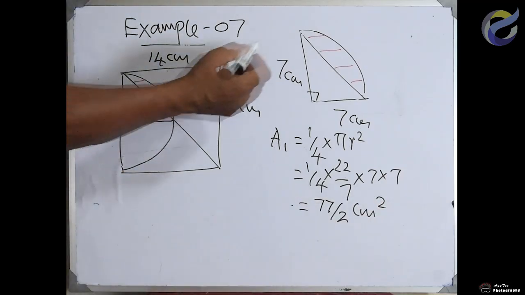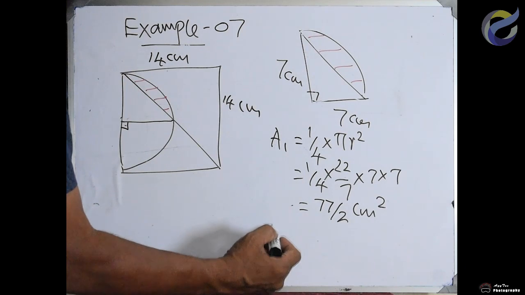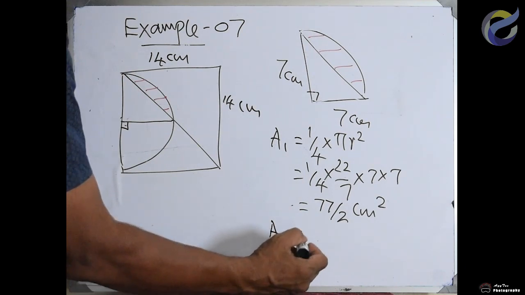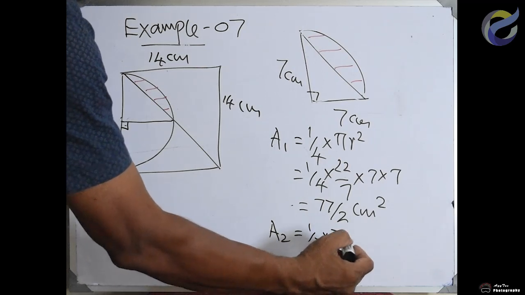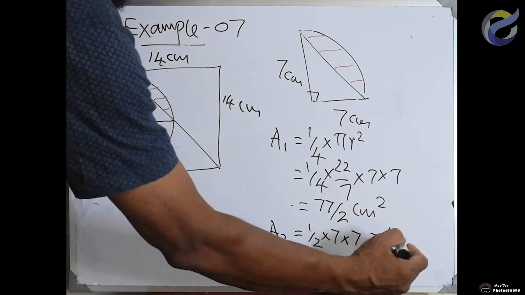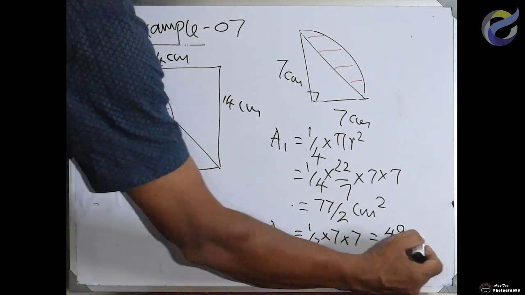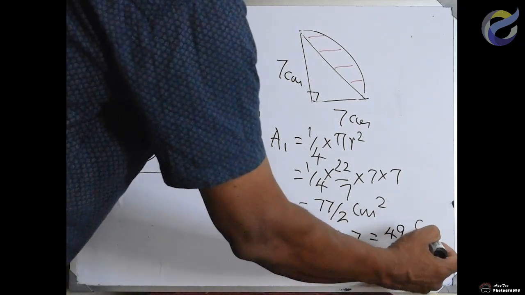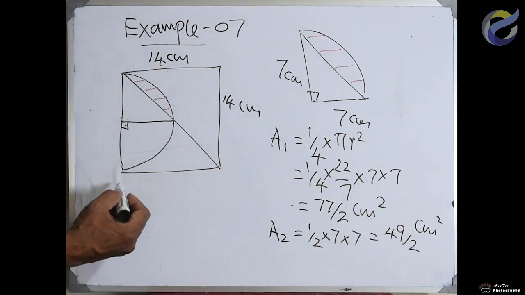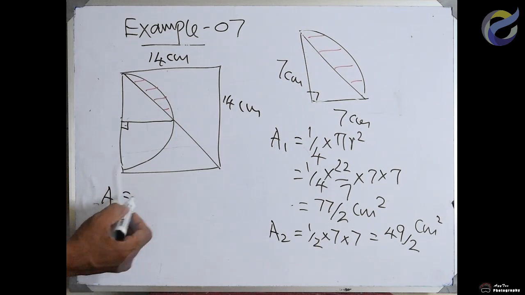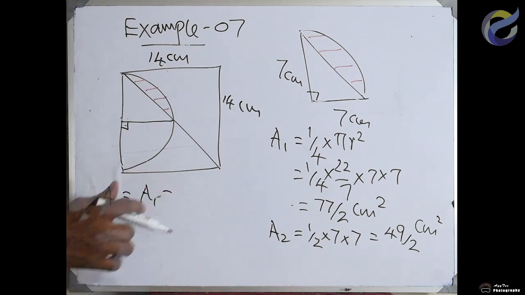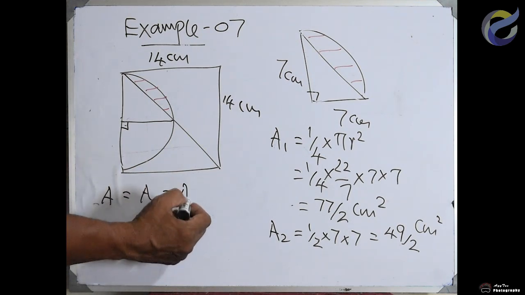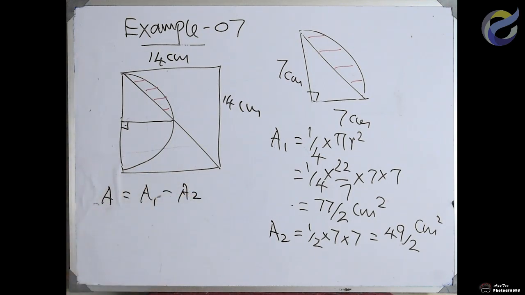Similarly, the triangle A2 we can find, triangle half into base into height, that is 49 upon 2 centimeter square. Now shaded region or A, the answer, A1 area of quarter circle minus A2 area of the triangle.